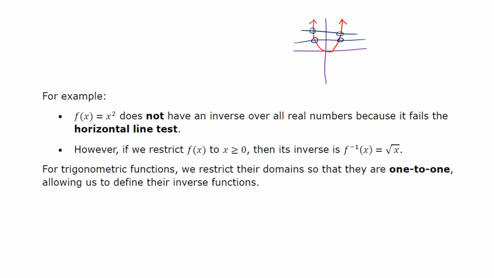But if I restrict the domain to x is greater than 0, so here, then when I draw my horizontal lines, the horizontal lines only touch the graph one time, therefore I have an inverse of my function. So for trigonometric functions, we can restrict their domains so they are one-to-one, which then allows us to define their inverse functions.